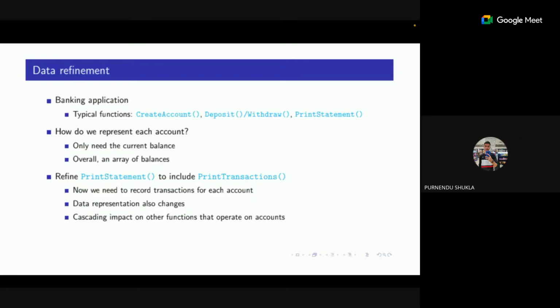Like, say for the print statement, earlier we were directly printing the statement, but now if we want to print a transaction, then we have to handle the cases of create account, deposit and withdraw also. So we are changing, cascading the effect in that print, yeah, kind of cascading effect.